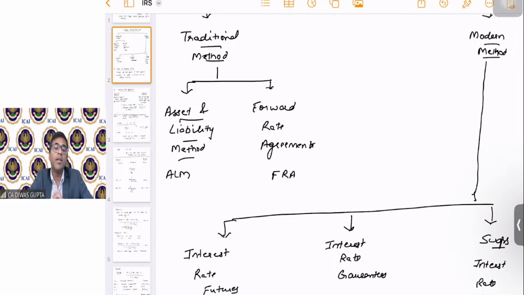Now, traditional method, we had an ALM, asset and liability management method, wherein we said that the maturity profiles of assets and liabilities has to be matched. Similarly, on forward rate agreements, FRAs, we said that if today we want to borrow, not today, but 1 month, 2 months, 1 year from now, which is at a later stage for a duration of some time, then how our position will look like.